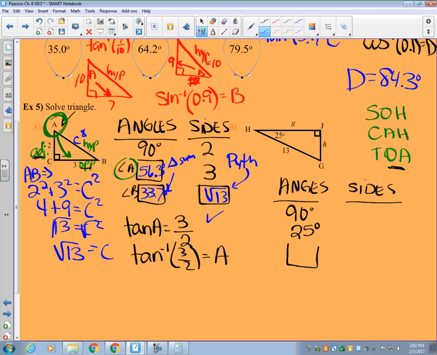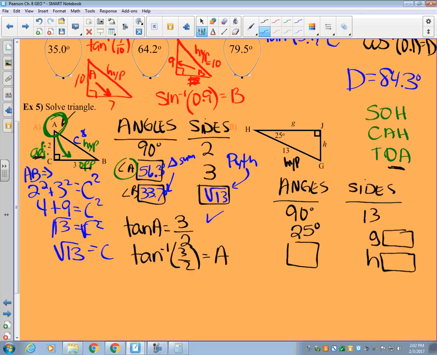So I can definitely find my missing angle using the triangle sum. And for my sides, I have this hypotenuse is 13, and I have side G and side H. These are my unknowns, so I'm going to make boxes for those.